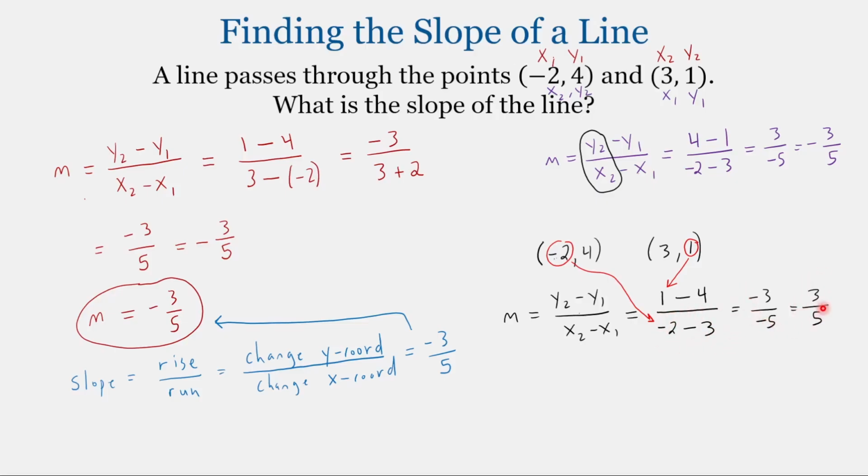So everything's going to look okay, but your answer is going to be wrong. So make sure you're paying attention to what you're using for y sub 2, y sub 1, x sub 2, and x sub 1. Again, this is wrong.